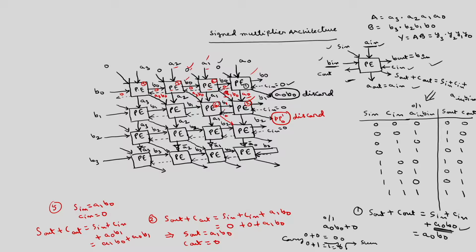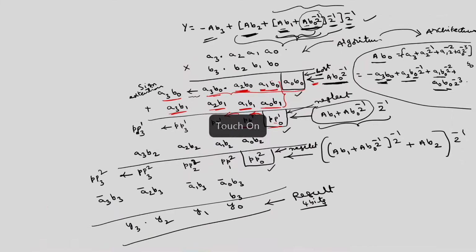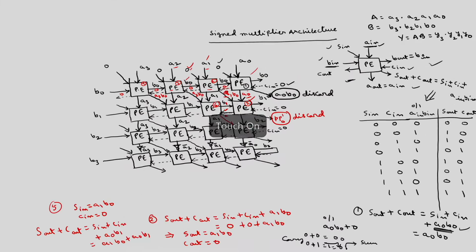This is the carry of the previous bit, and the sum bit is A2 B0 plus A1 B1 plus the carry. This is going to be performed in processing element 6. A2 B0, A1 B1 plus the carry from the previous stage, this carry is not 0.